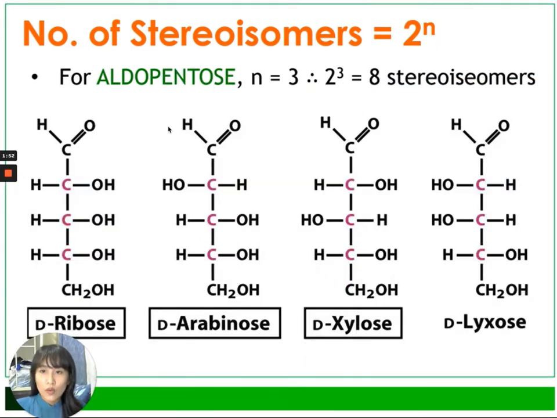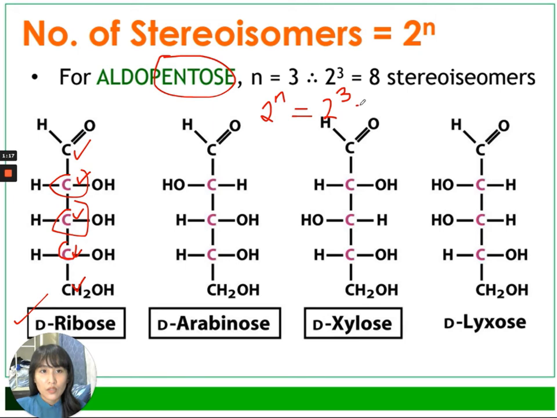Alright, so how about for those monosaccharides that have 5? We have here an aldopentose, meaning they have 5 carbon units: 1, 2, 3, 4, and 5. So you only have 3 chiral centers. That is for D-ribose. If you compute that, since it is 2 raised to n, we will have 2 raised to 3, which will give you 8 stereoisomers.